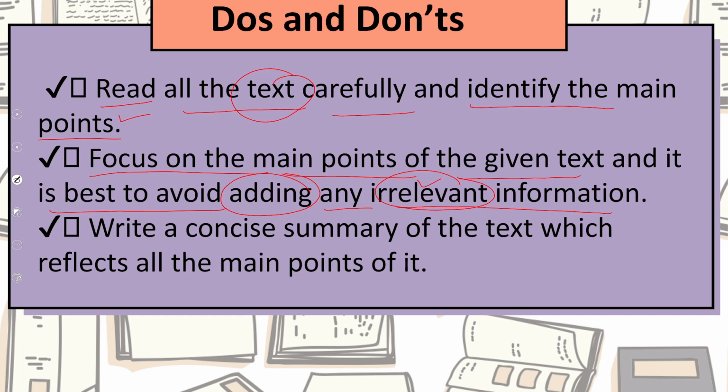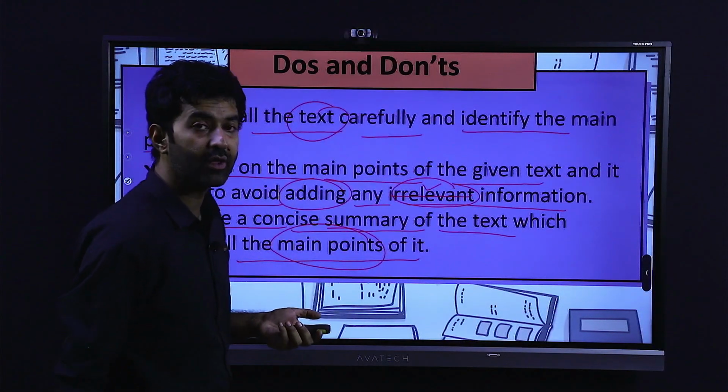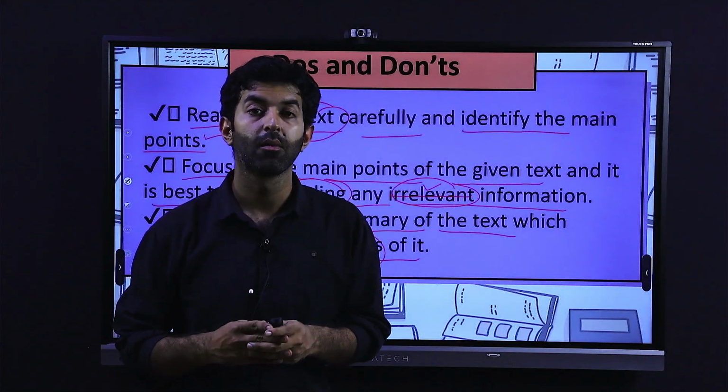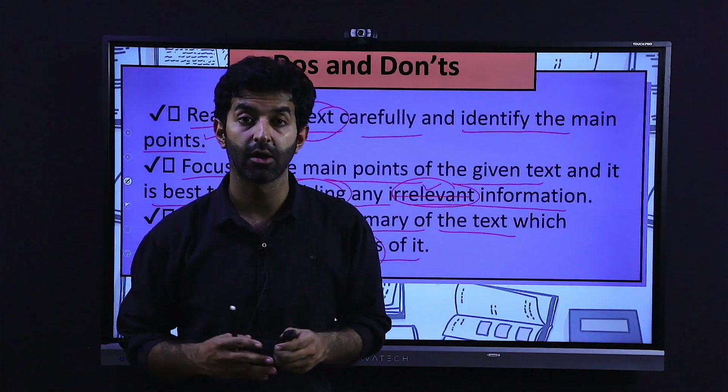Only relevant information can be added, no irrelevant information. And we are going to focus on the main points. Next up, we have to write a concise summary of the text which reflects all the main points of it. All the main points, without going into the detail, can be summarized in a few lines according to the length of the Pressy. These are your do's and must-follow steps for writing a Pressy.